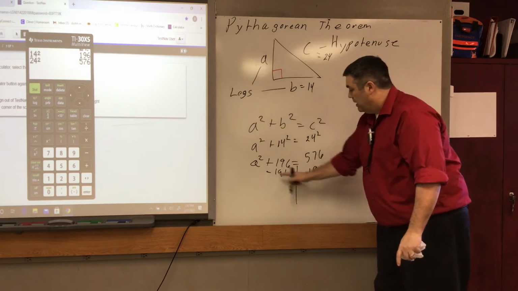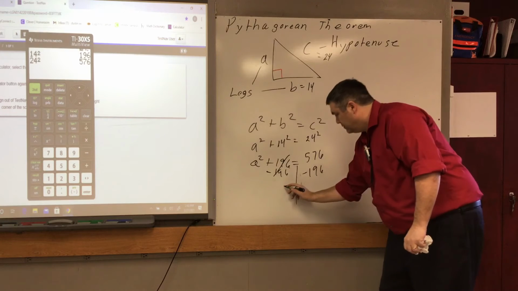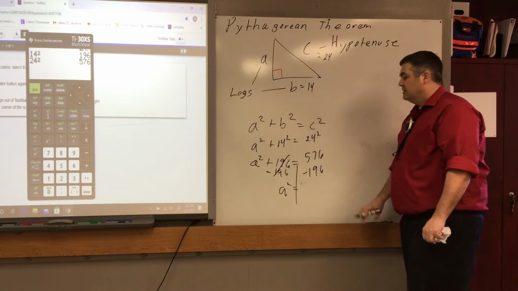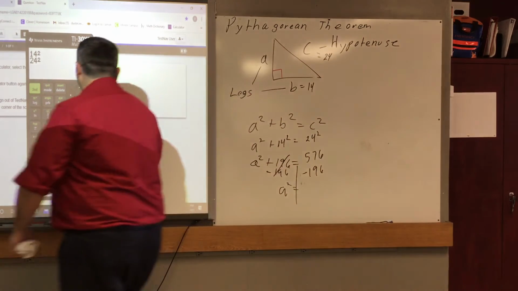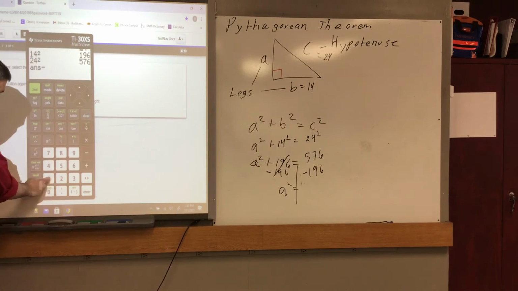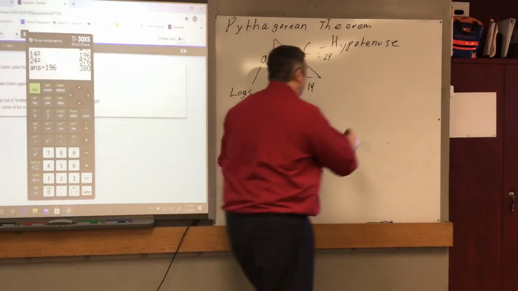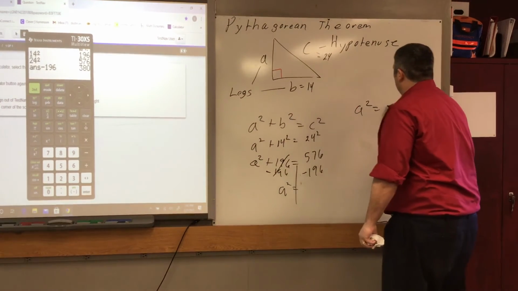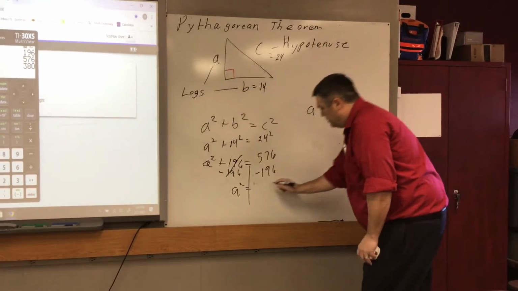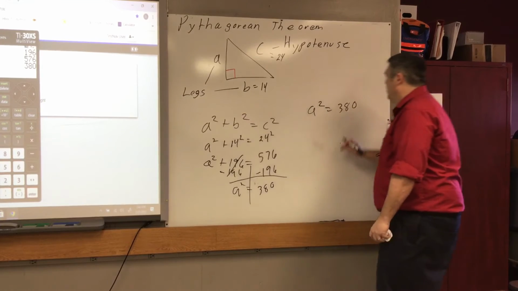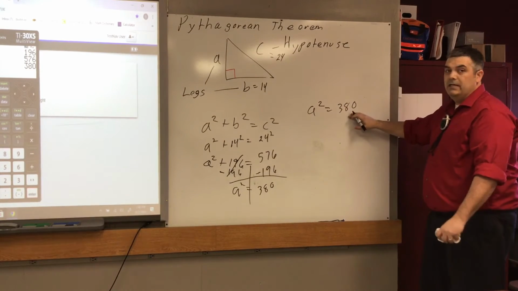So minus 196 crosses that out, leaves you with A to the second equals 576 minus 196, 380. All right, so what you have is A to the second equals 380. I'll put that down here just so that you can see it.